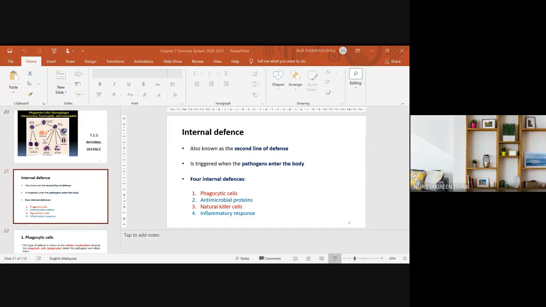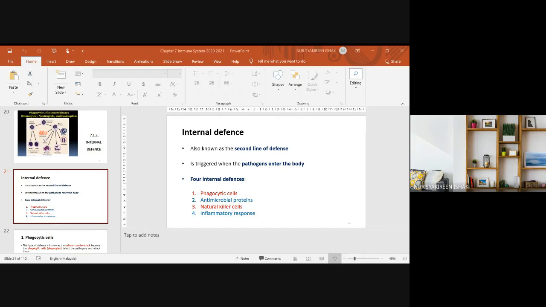Endocytosis, one example of endocytosis is phagocytosis. Okay, so engulf the bacteria and surround the bacteria in a vacuole. Okay, so the vacuole will fuse with lysosome. Okay, so lysosome, you have to remember, it is an organelle. So inside the organelle you have enzyme, we call it as lysozyme.